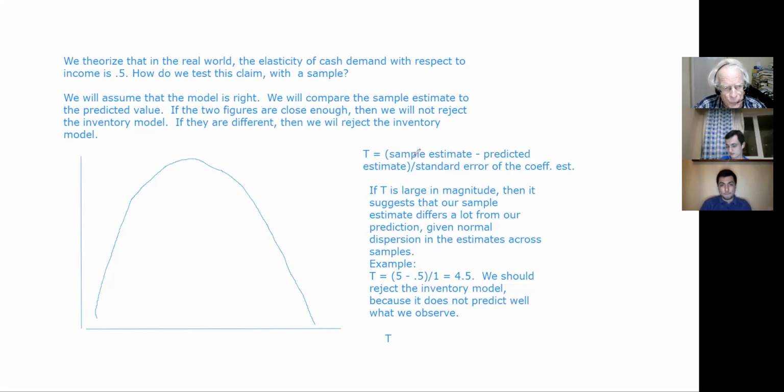The sample estimate is very close to the predicted estimate. So if the inventory model is right, we would expect to see a t-value that is close to 0.